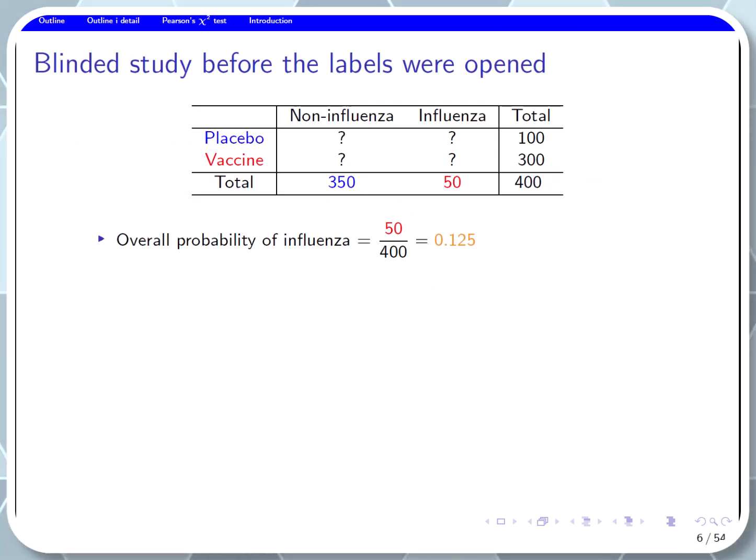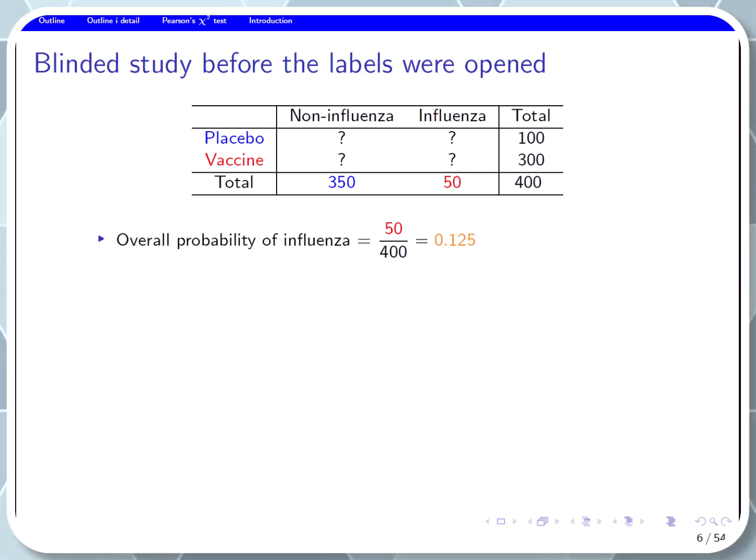At the end of the study, 50 out of 400 participants contracted influenza. An overall probability of influenza is 50 divided by 400, equal to 0.125.